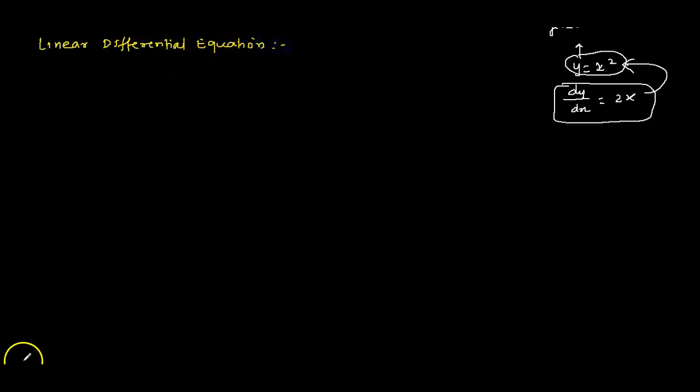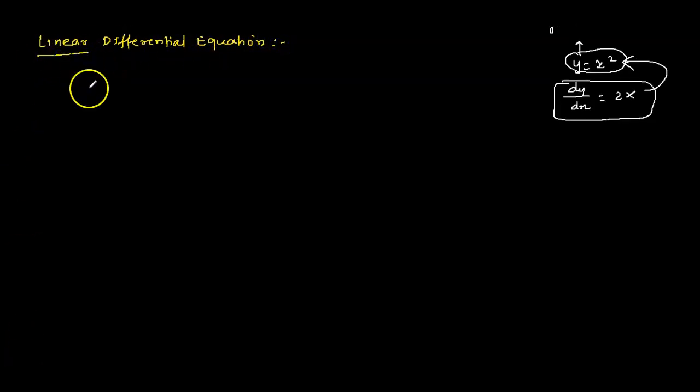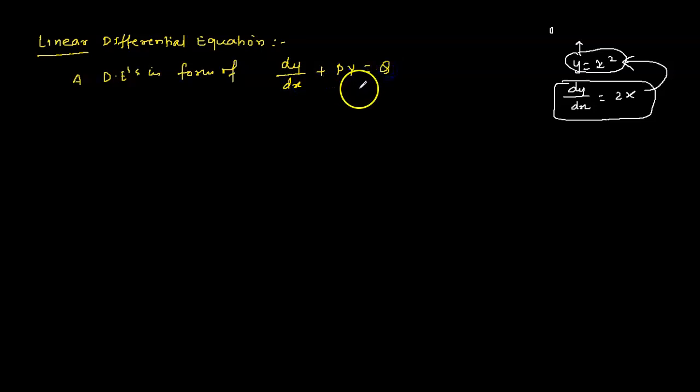Linear differential equation means a differential equation in the form of dy by dx plus py is equal to q. If this format is given, then it's called a linear differential equation: dy by dx plus py is equal to q.